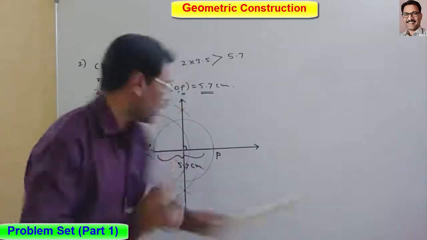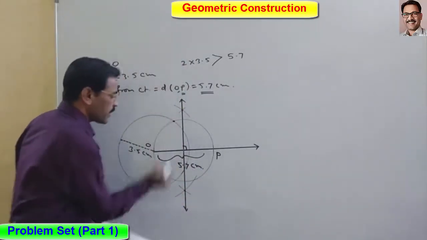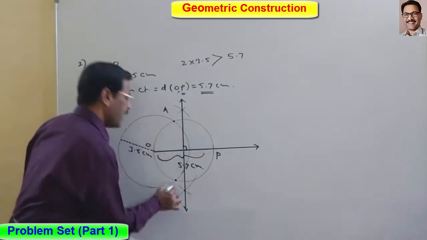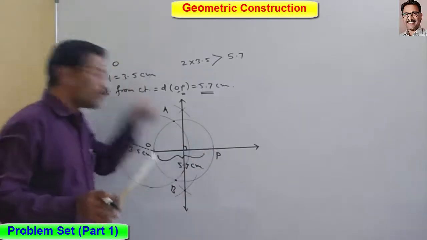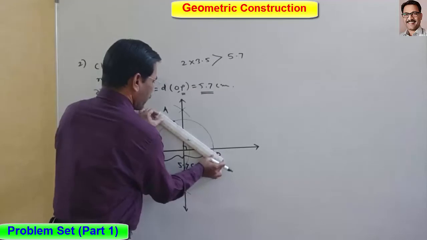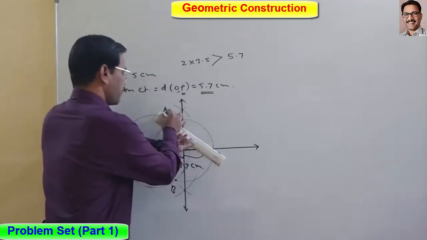After getting this one, this new circle intersects the old circle in two distinct points. You can write the names here, A and B. What is our next part? From P we have to draw the tangents. This is the procedure. Try to draw the line from A to P very carefully.